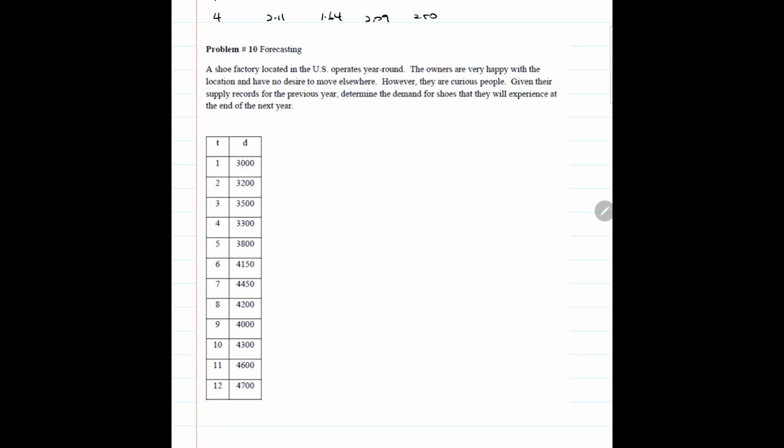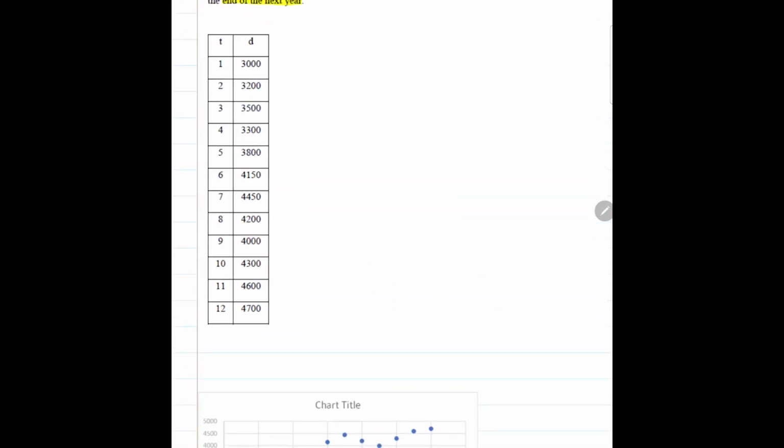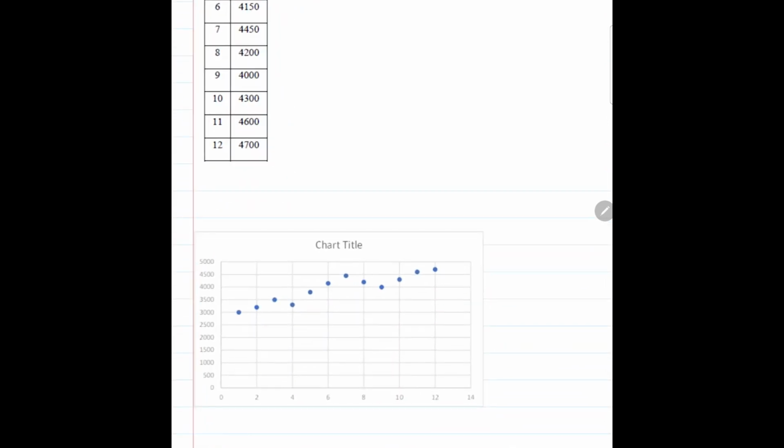Just wanna know what's gonna happen next year. So as we did before, let's graph it, and just by looking at the graph, we can say it's increasing. So we're gonna use the linear regression. So it's going about like this.